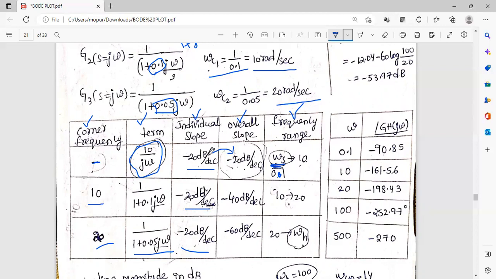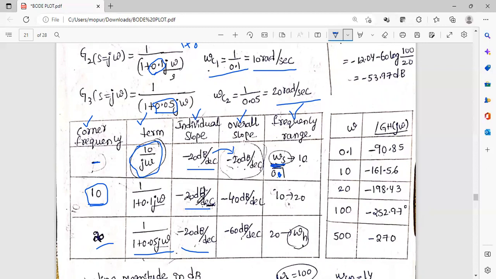That is till the next corner frequency, from the beginning of this to the starting of the next. So from starting frequency omega s to 10, it is a straight line with slope of minus 20 dB per decade. So the frequency range is omega s to 10.